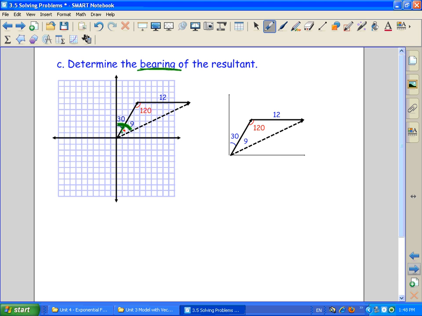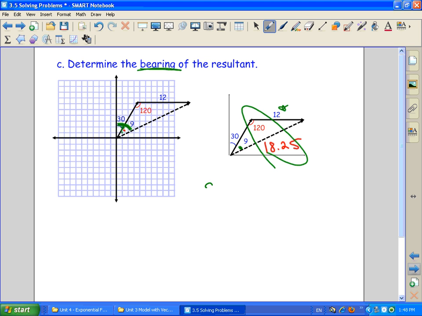So what we need to do is realize from part B what information we found. We actually found the measurement of the resultant, which is 18.25. Notice now, folks, if we go back to our trig, we have a match. We can use this match to help us find this angle because we know the opposite side here. So we are going to use the sine law.